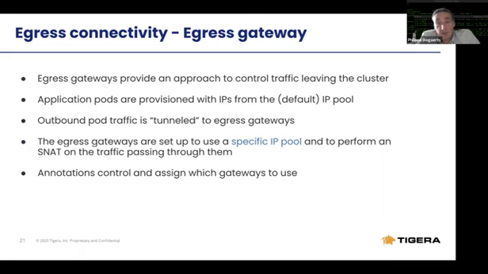The egress gateway connectivity solution that Calico Enterprise implements basically allows you to tell Calico that specific pods, for example, based on a label, are tunneled to what is called an egress gateway. So all the communications that are intended to leave the Kubernetes clusters are tunneled to an egress gateway. So the only thing that is accessing the internet or the external world in Kubernetes is the egress gateway. And that egress gateway can be configured with a specific IP pool.